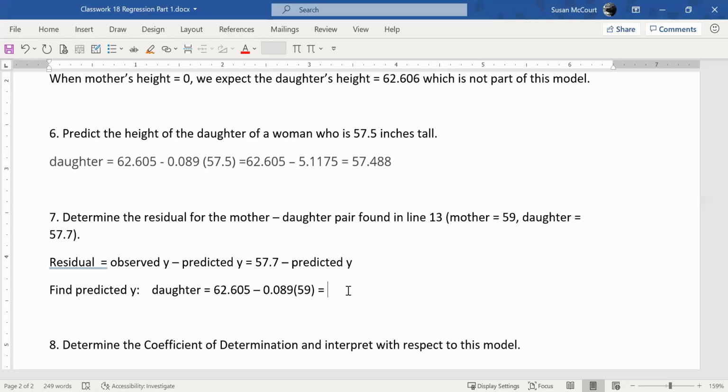Oh, that's wrong, I did something wrong. 0.089 times 59, and subtract that from 62.605. I get 57.354.